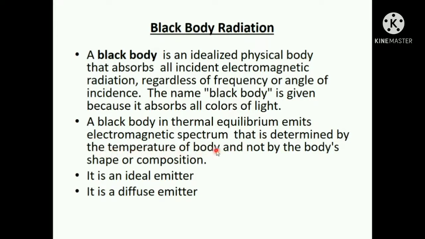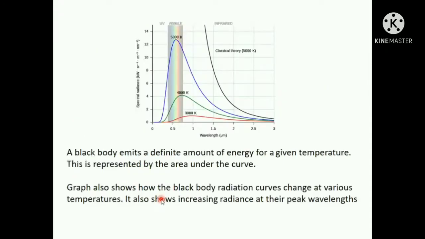When heated, a black body emits an electromagnetic spectrum, which is determined solely by the temperature of the body and not by its shape or composition. A black body is an ideal emitter because it emits the most at a given temperature. It is a diffuse emitter because it emits in all possible directions.